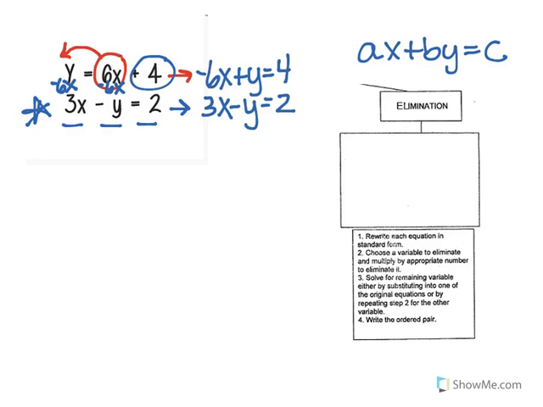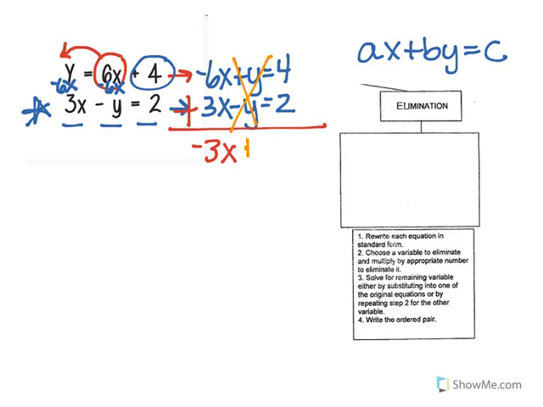I'm lining them up by term. So all the x's are in one column, all the y's are in one column, and all the numbers are in the other column. And I'm eliminating, so I'm going to put a plus sign because I'm going to add each column. So I'm going to add my x column, which is negative 6x plus 3x is going to give me negative 3x. And y plus negative y eliminates.